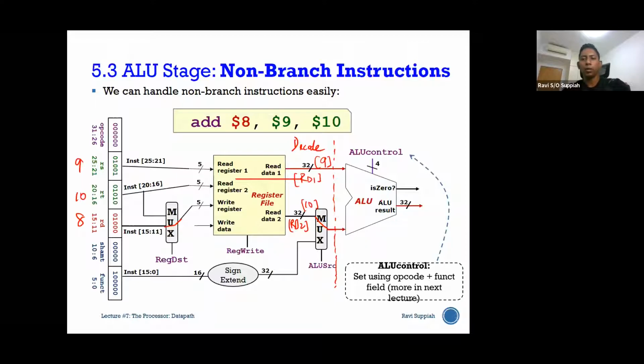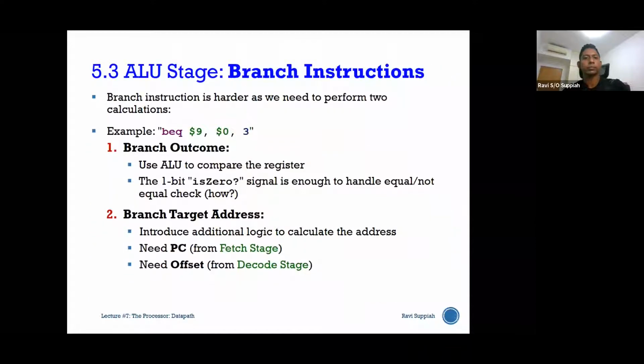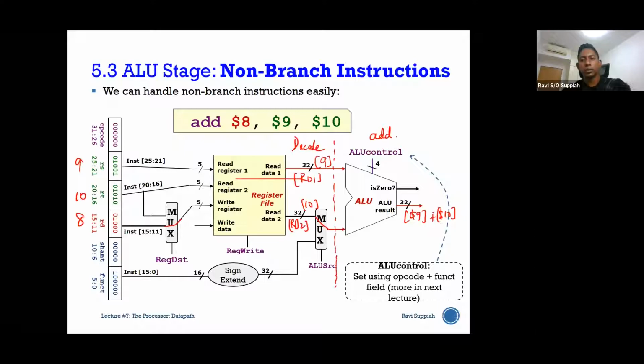With these two data going in and the ALU control specifying that I want to do an add operation, the result will be available here. So what I will get here is the content of register 9 added with the content of register 10. That is the result, which later on we will use to write back.